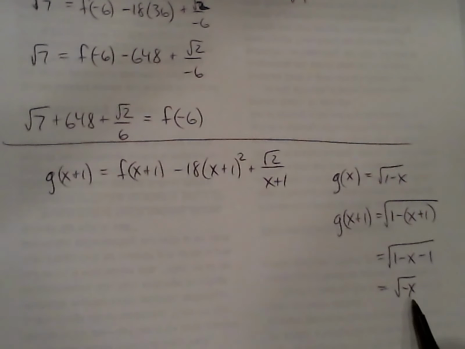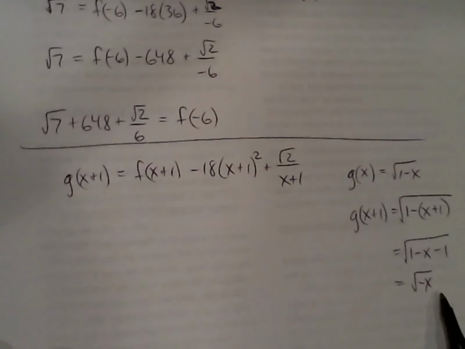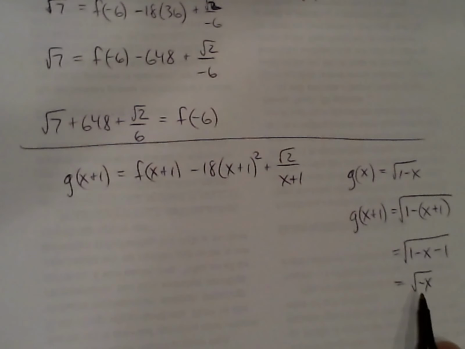Okay, and don't worry about the negative because this will be positive when x is negative, so it's okay to write this. All right, so g of x plus 1 is radical negative x.